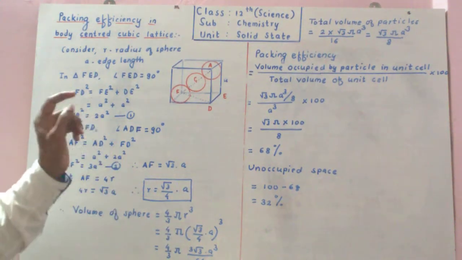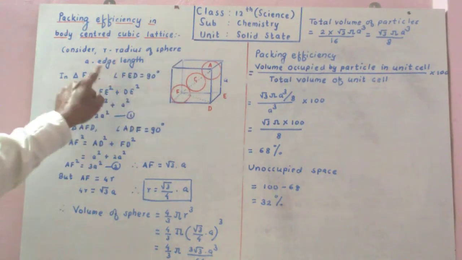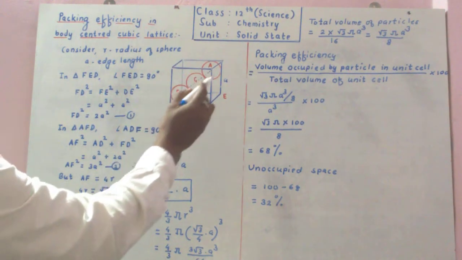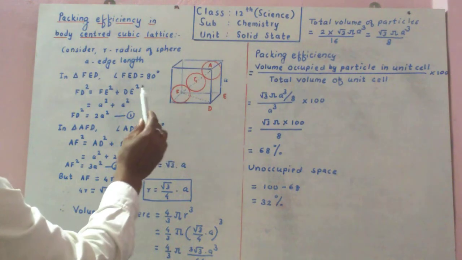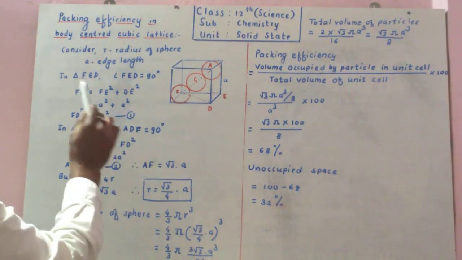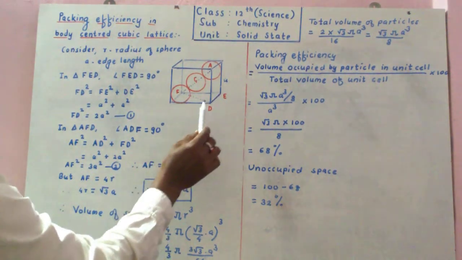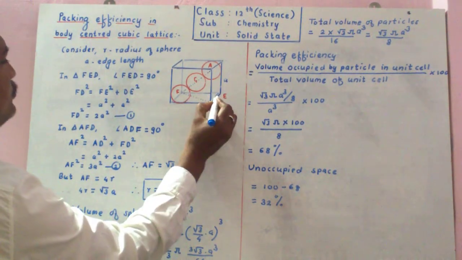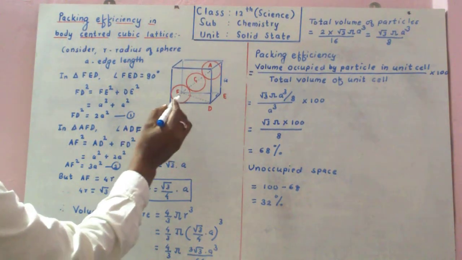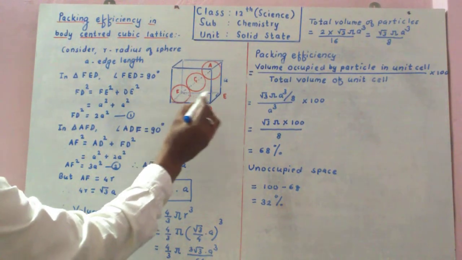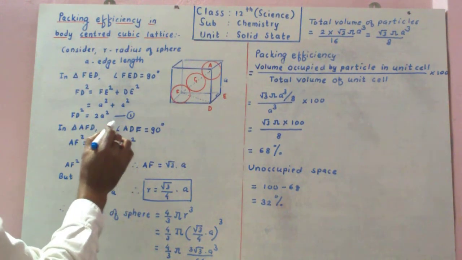See here again, consider R the radius of the particle and small a the edge length. We here considered two right angles. First, FED. Here DF is the hypotenuse, so FD square equals FE square plus DE square, a square plus a square, twice a square.